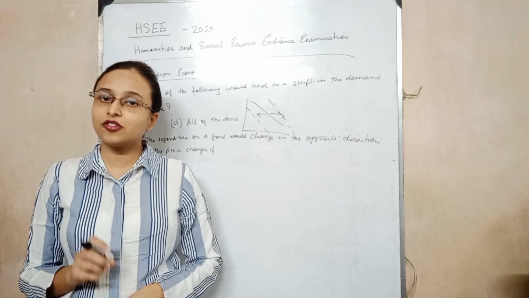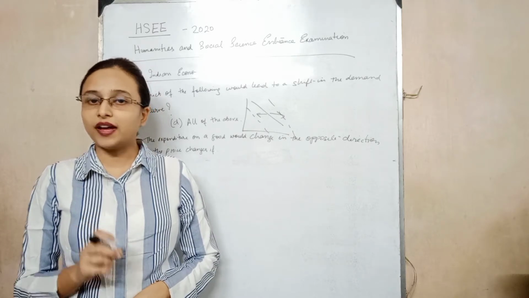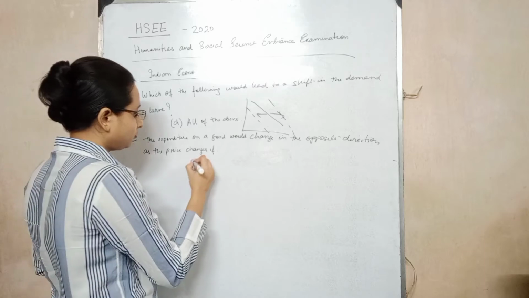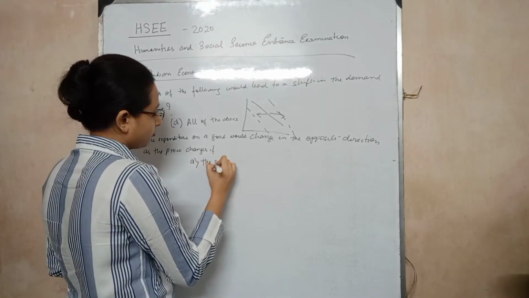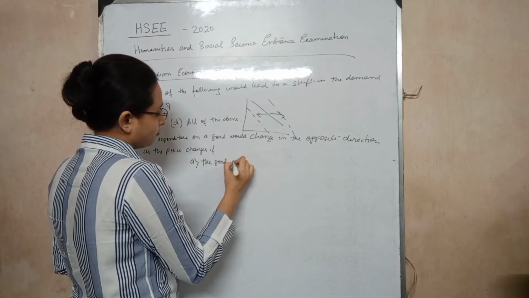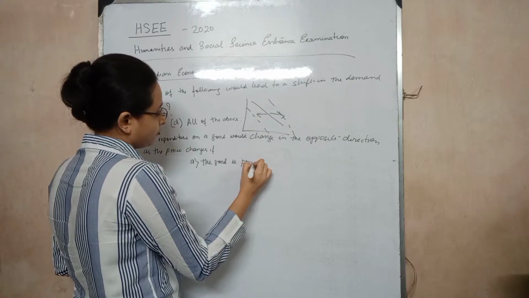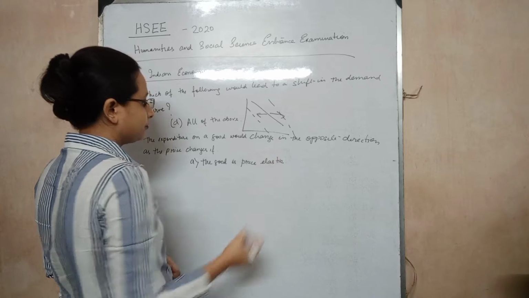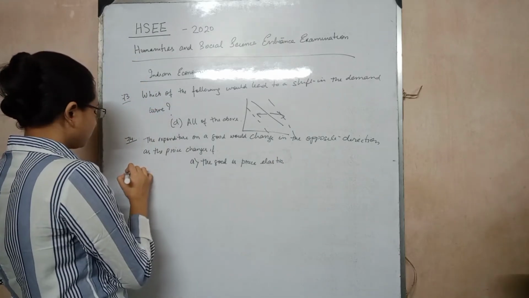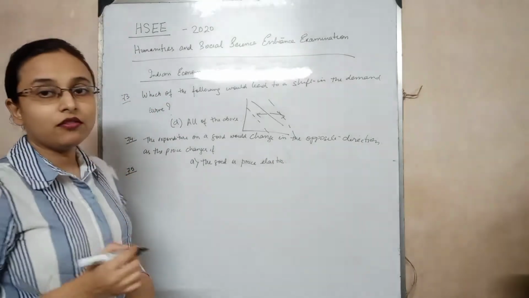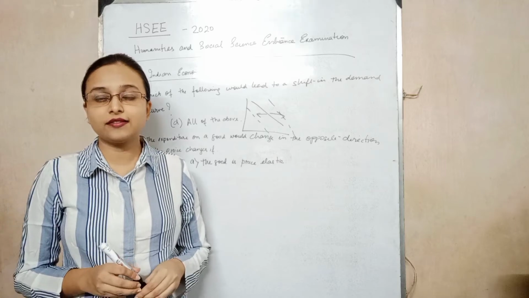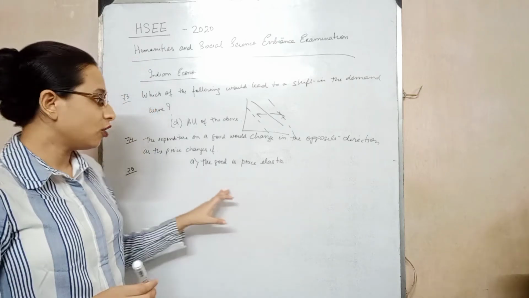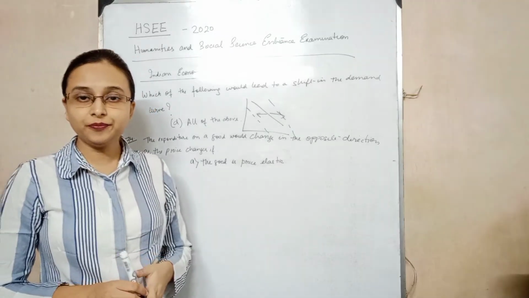So the correct answer will be A, the good is price elastic. Now coming to the next question, that is question number 75. I hope question number 74 is clear.